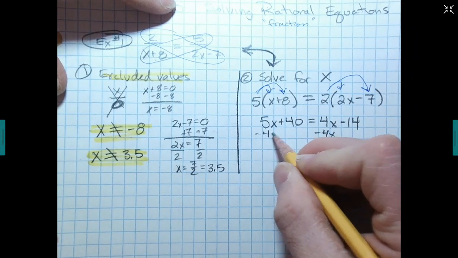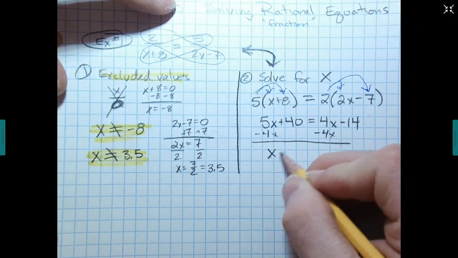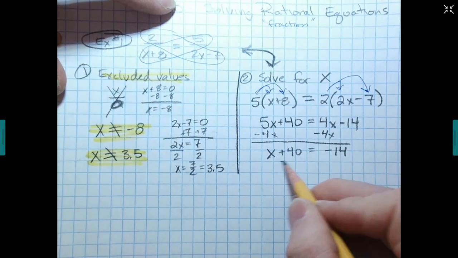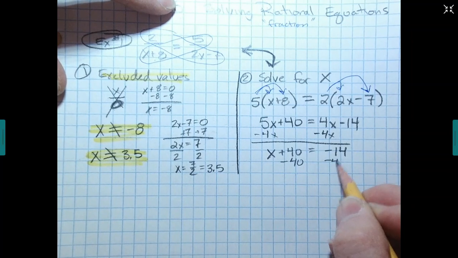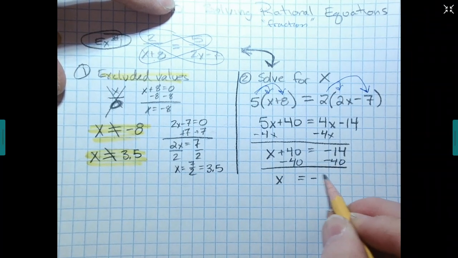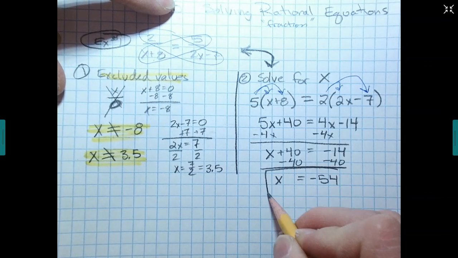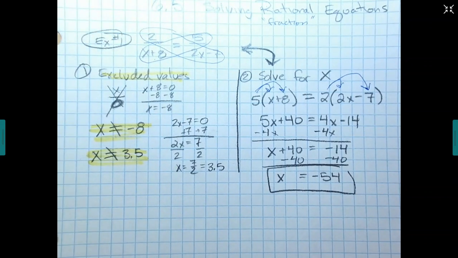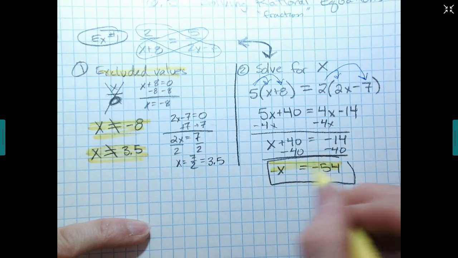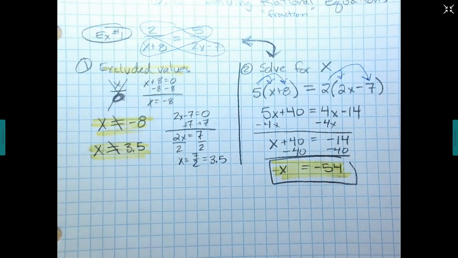Minus 4x, I get x plus 40 equals negative 14. Minus 40 from both sides, and I get x equals negative 54. So solve for x. What does x equal? x equals negative 54.